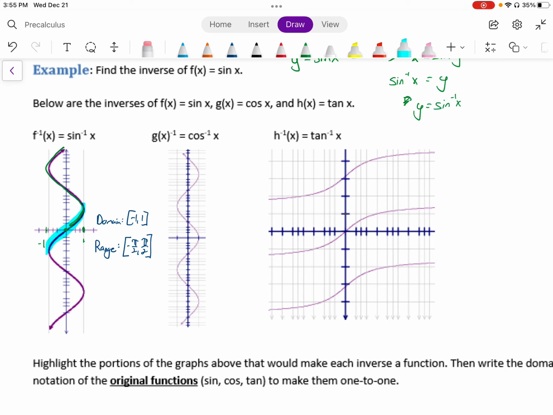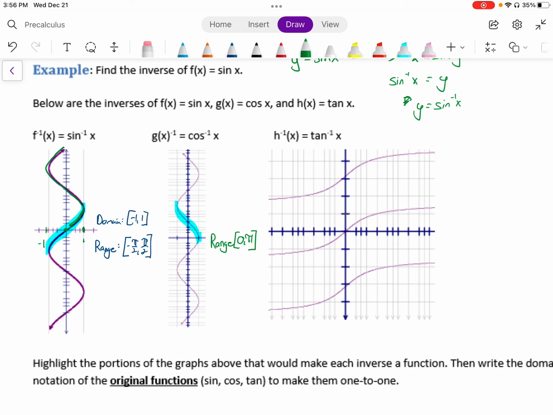We can't go from -pi/2 to pi/2. We actually can start here at 0 in our range and go all the way up to pi, and that's it, because if we continued along there, it wouldn't be a function anymore. It has to pass the vertical line test. So our range for this one is from 0 to pi.